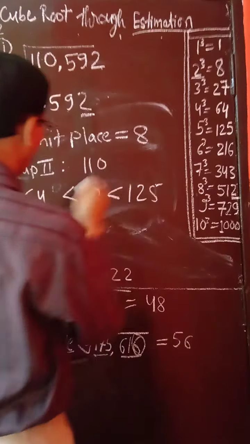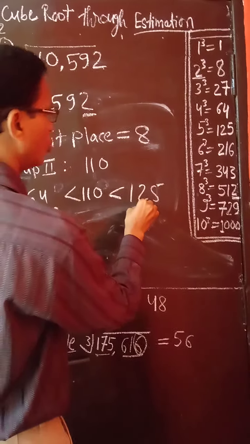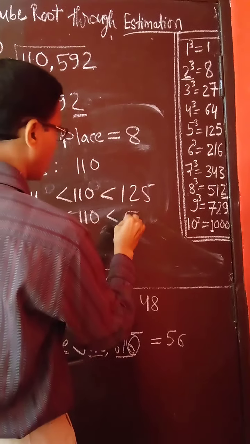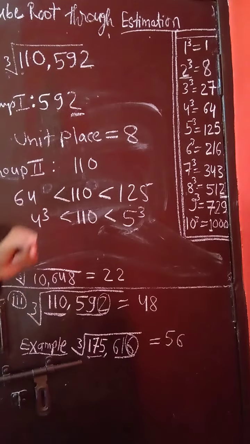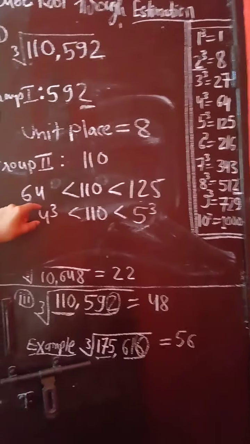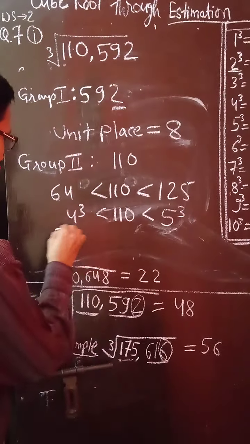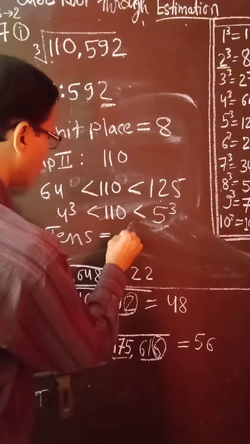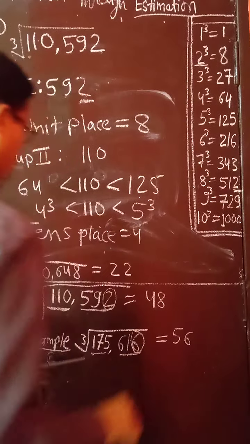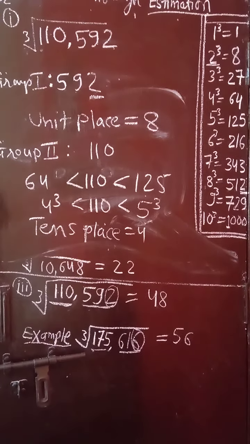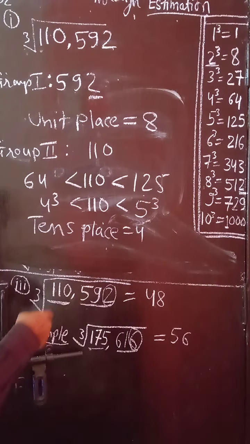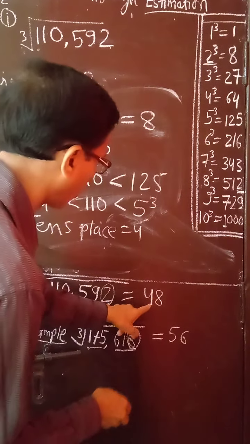This is the cube of 4, and this is the cube of 5. So 110 is between 4 cube and 5 cube. So what is our answer? Our answer will be the smaller number. This 4 is our answer. So the tens place of our answer will be 4. So what will be the answer? We can see the answer is 48.